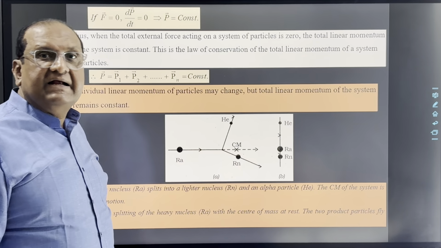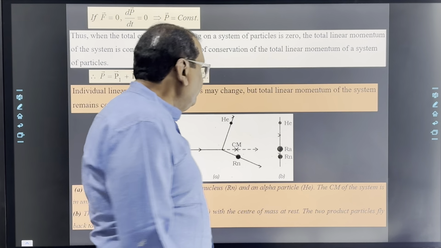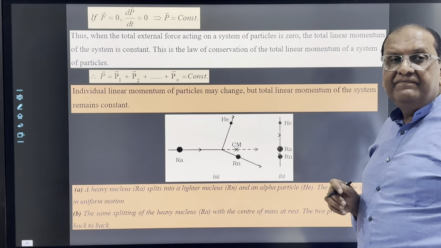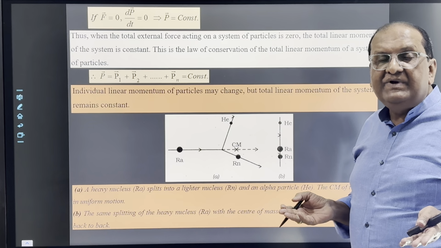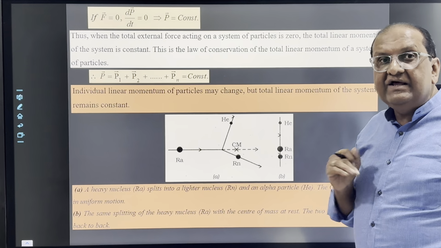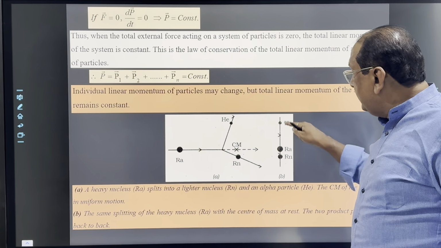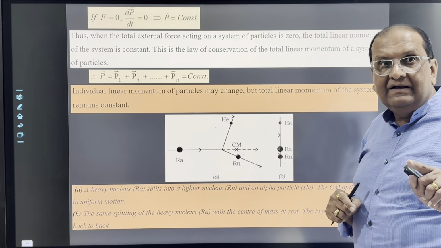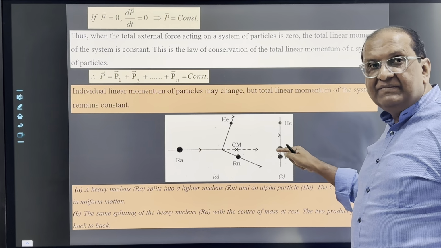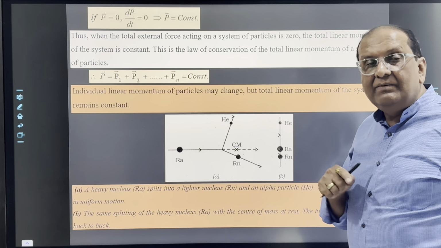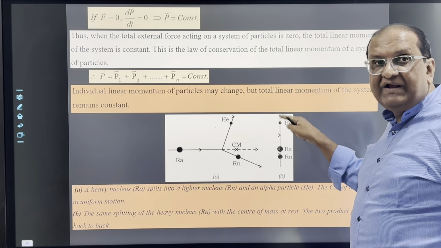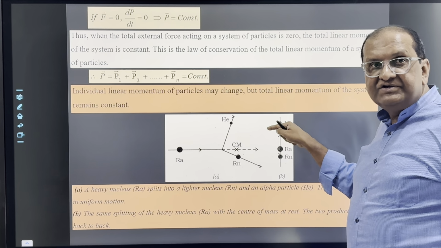If we consider this second case, in which Ra is stationary, and it is splitting into two lighter nuclei He and Rn, so again here we can say the linear momentum of He and Rn changes. Initially when these two were part of the system, at that time their linear momenta were 0. Now they have some linear momentum because they are flying in different directions, right?